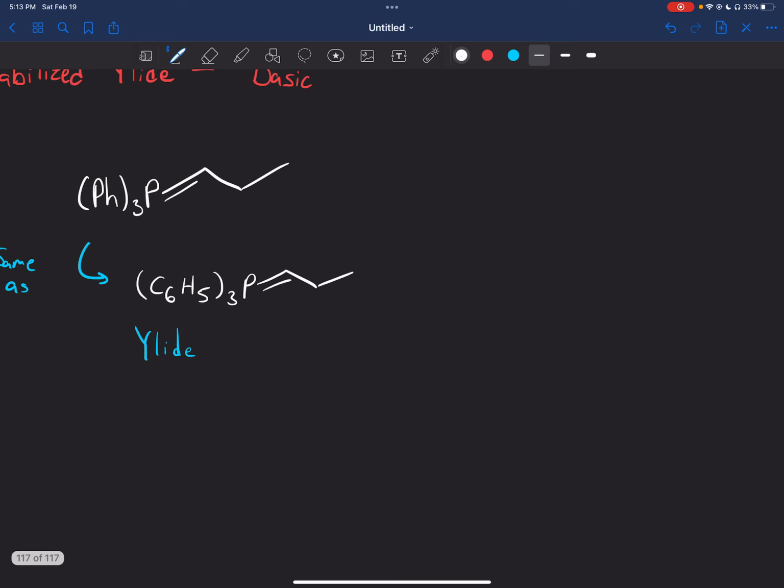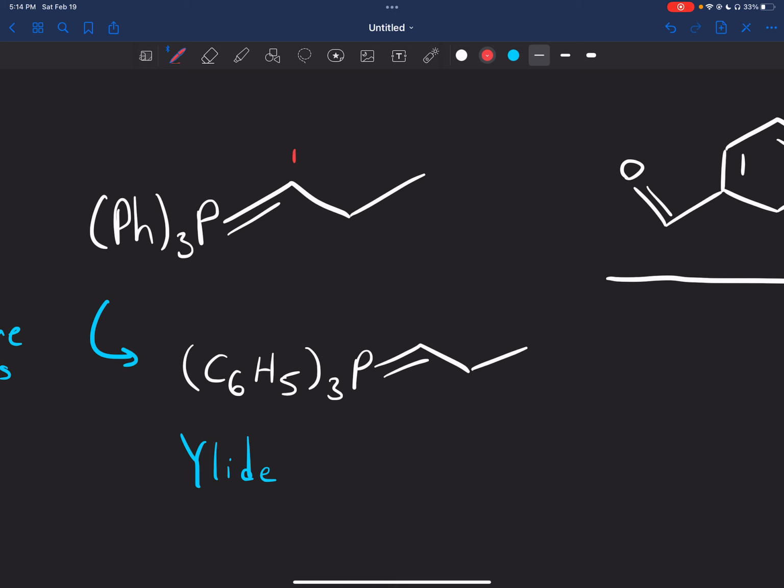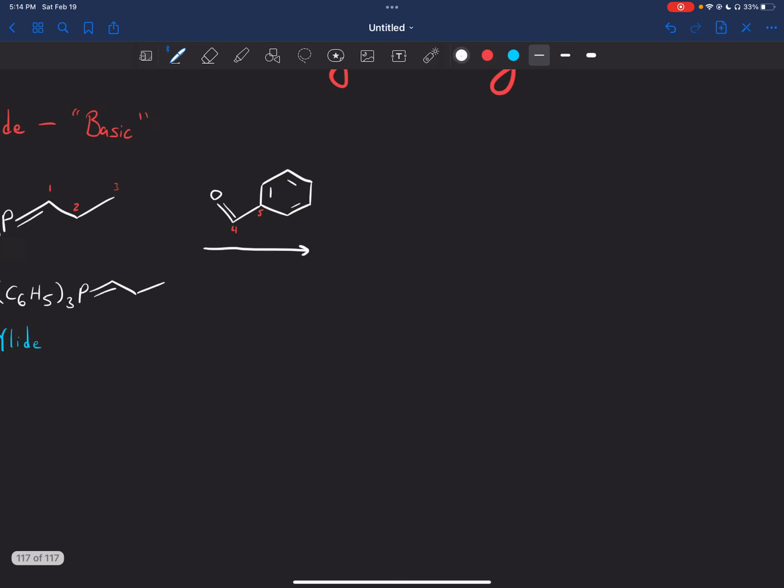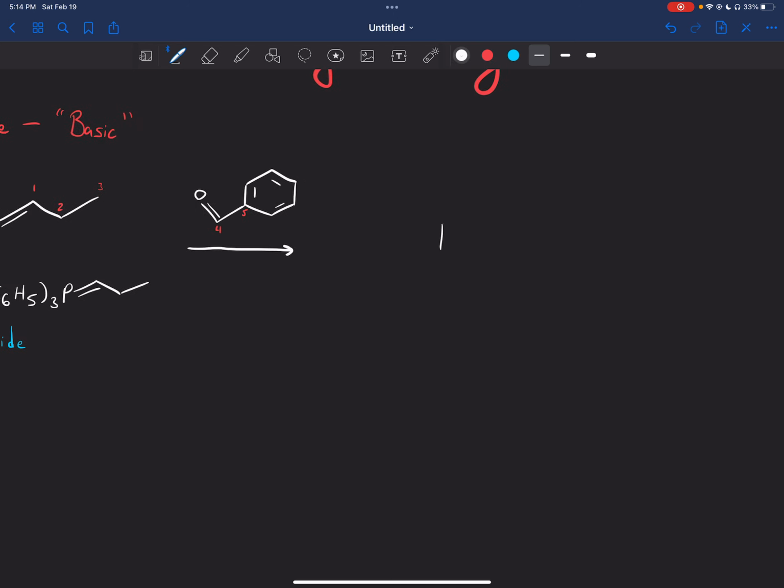We react it with an aldehyde or a ketone, so at random I'll pick this one. Like that. And how do we connect it? We connect the carbon double bonded to that phosphorus, and we connect it to the carbon of that carbonyl. So it's going to look like this.